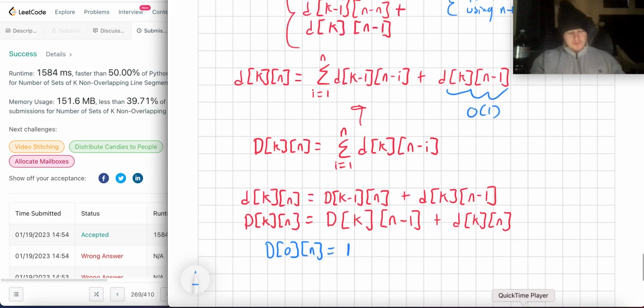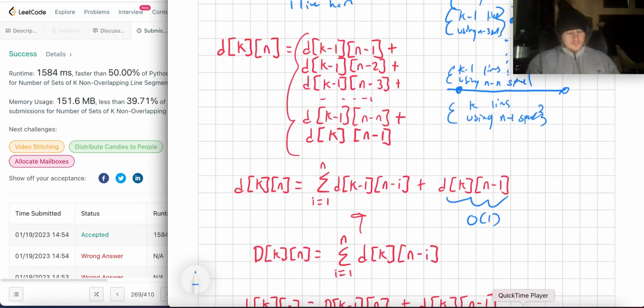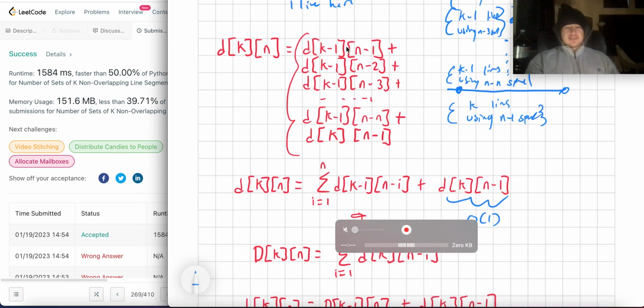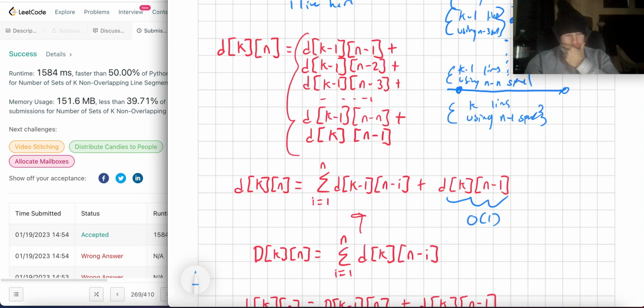Okay, so notice the max that this system can go to is n minus 1, right? It goes from n minus n, k minus 1, n minus n.